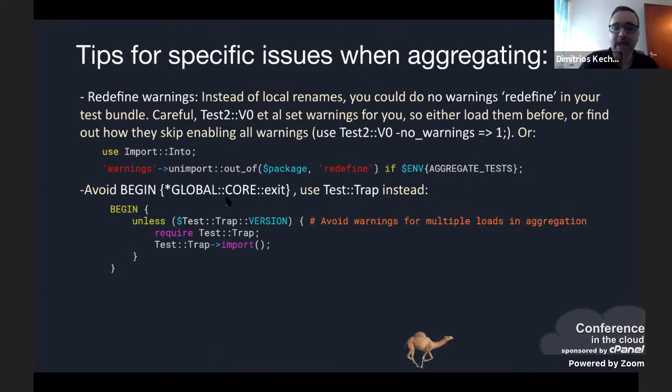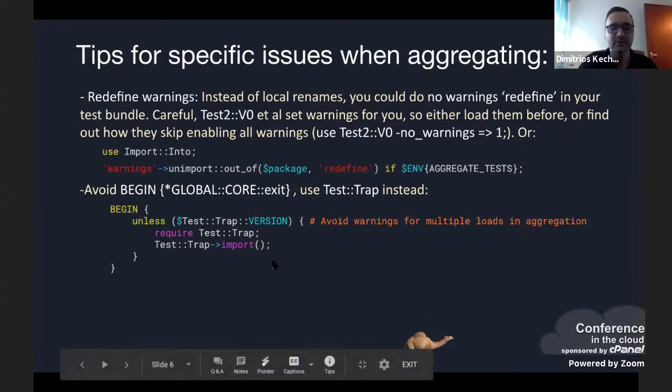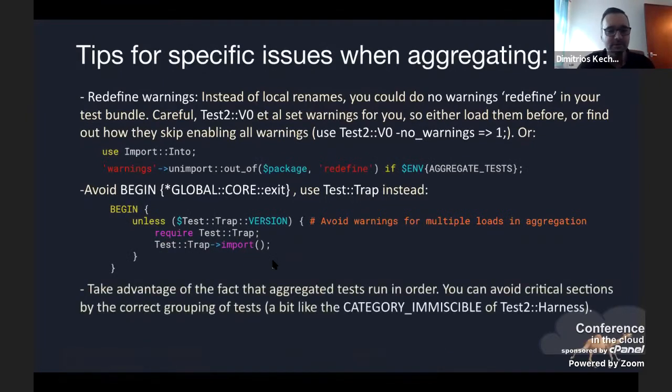Now, if your app uses exit, often you might want to override it with a BEGIN statement. You can use Test::Trap instead if you want to aggregate the tests. And this is how you use Test::Trap to avoid warnings for multiple loads. And in general, you can take advantage of the fact that the aggregated tests will run in sequence.